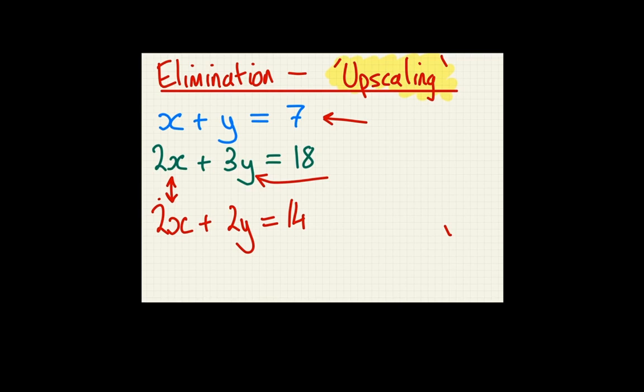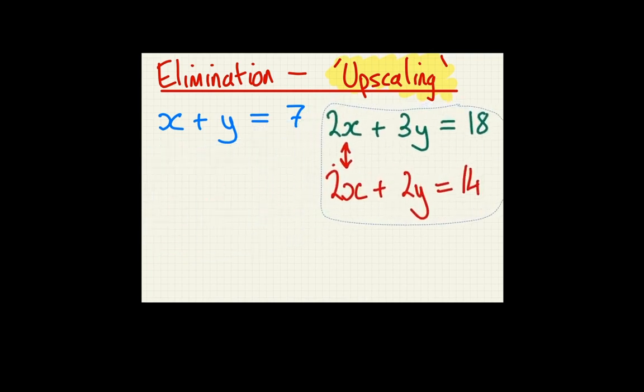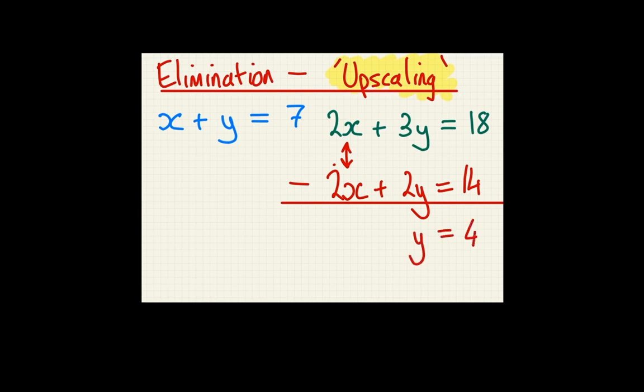Again, doesn't matter, I could have chosen either one of them. So we put the biggest one on the top, the smallest one on the bottom, and we can then subtract them. So I'm going to take these, let's pull them out over here. I'm going to subtract them. And again, we can see that leaves us with y is equal to 4.